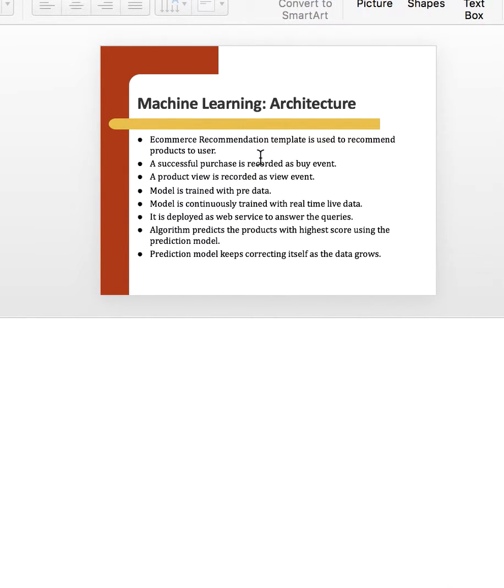I'm using the e-commerce recommendation engine template in this application to recommend products, categories and different offers to the user. I've already told you we are using the buy event and the view event. The model is trained with pre-data. I trained the model for this demo because without training the model is not generated and it will not work as predicted.